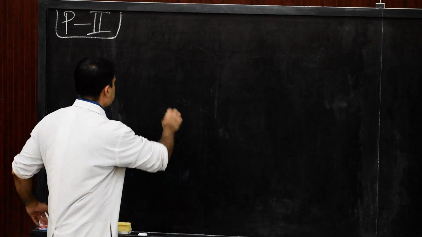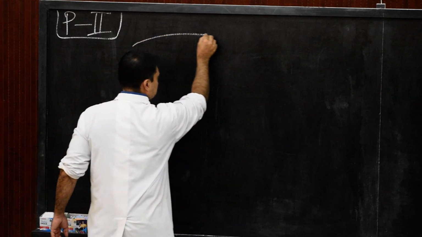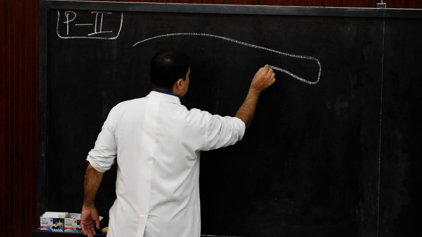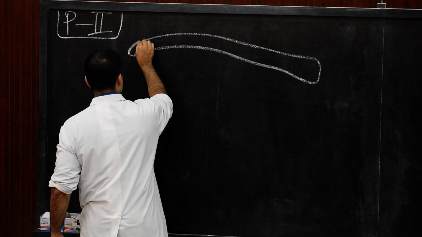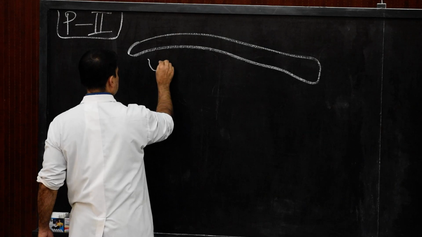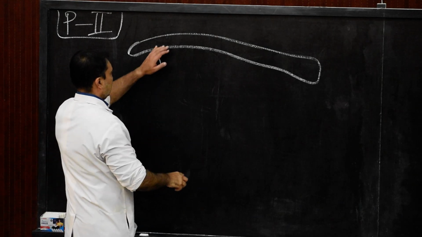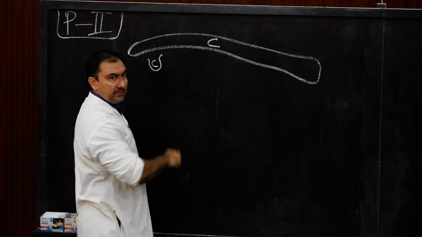First we are going to draw one of the line diagrams which we had drawn yesterday. This is the clavicle. Here we are going to show the coracoid process.